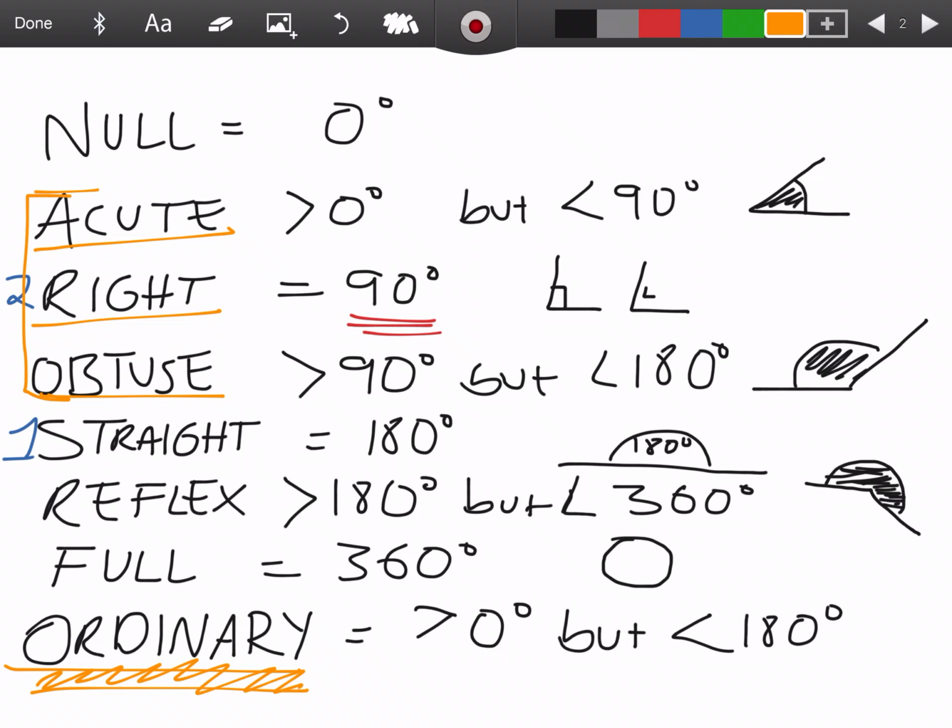Last thing then to mention on this is the idea of supplementary angles. Nice and straightforward. With a supplementary angle, all we do is that we have two angles working together to give us 180. So if you think about it in a straight line, and we might split that there, maybe that's 40 degrees, and maybe that's then 140.